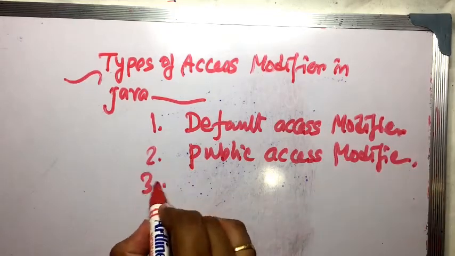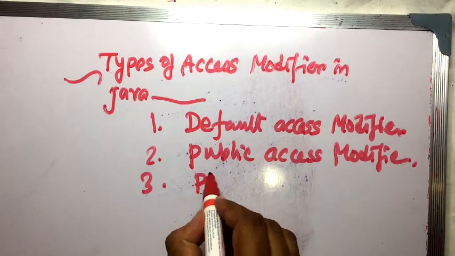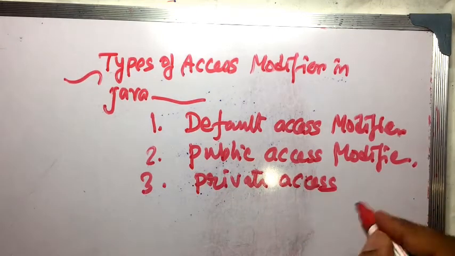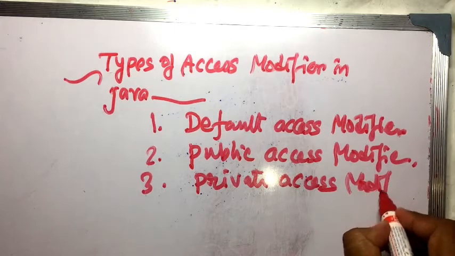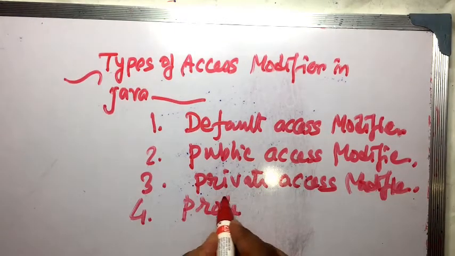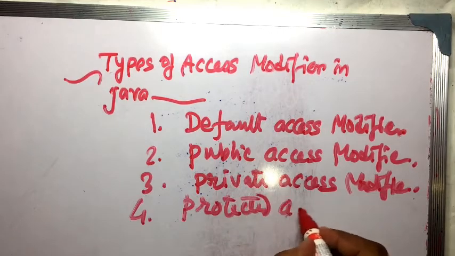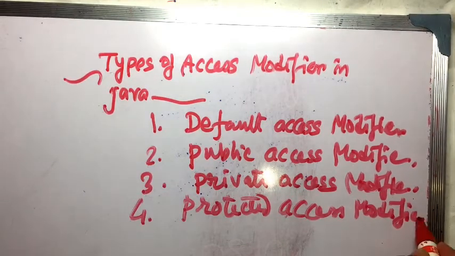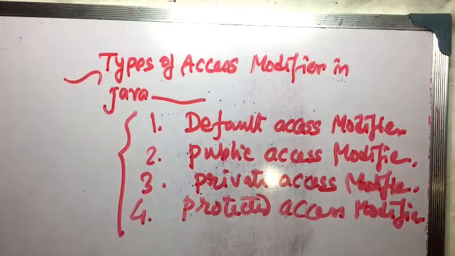Number 3, private access modifier. And the 4th one is protected access modifier. First of all is default, then you can write public, private, and protected. These are the 4 types of access modifier in Java.